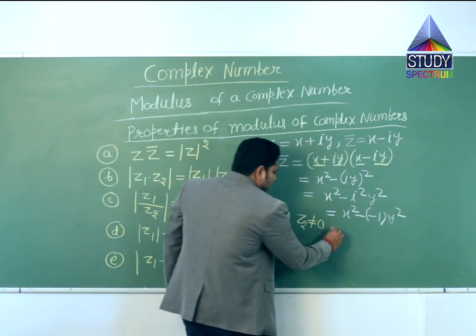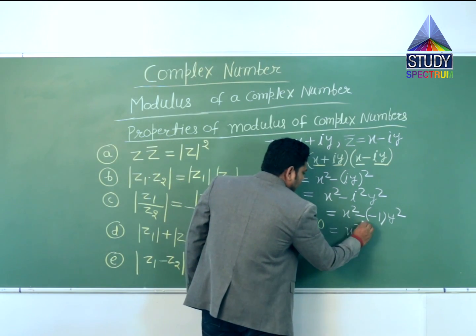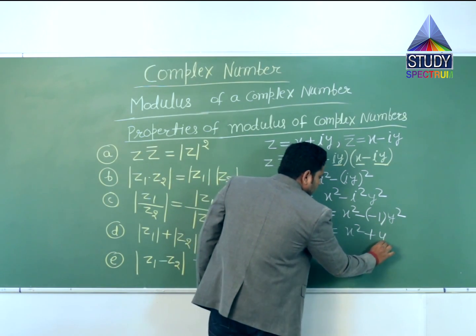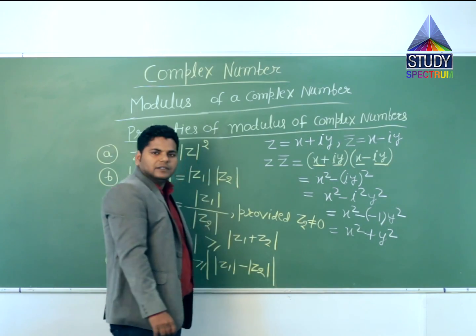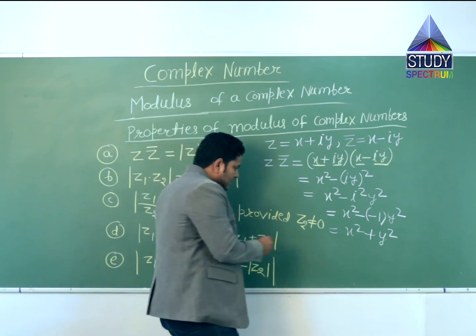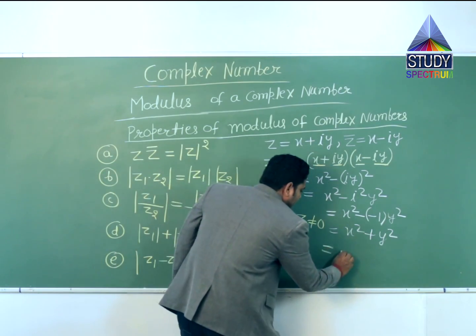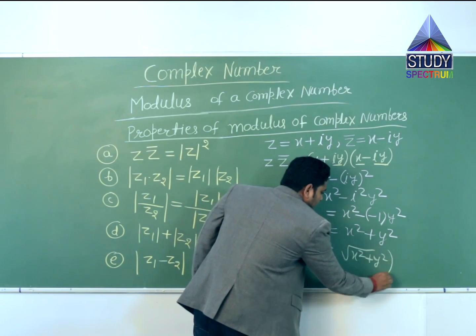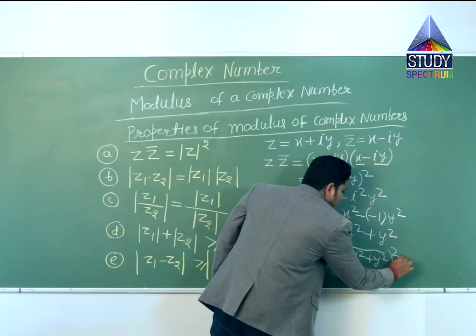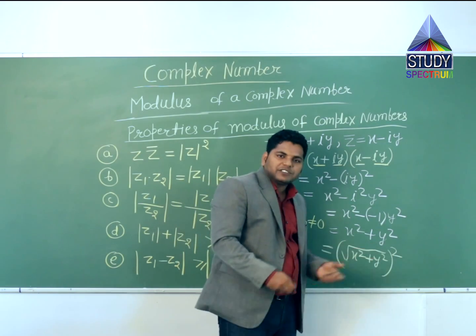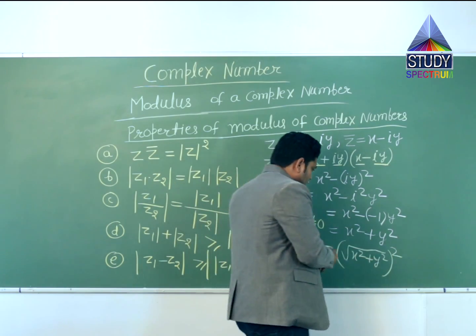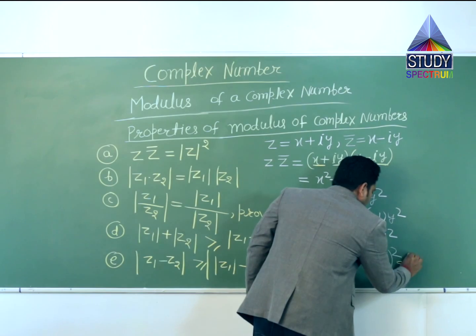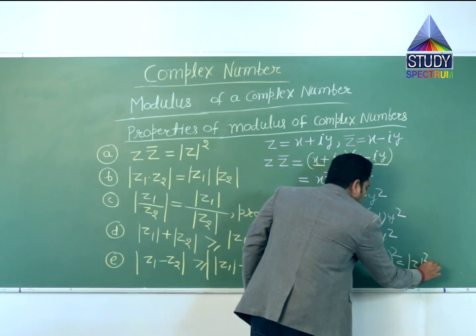So we can write x square minus into minus is plus y square. Okay, and x square plus y square we can write as root under x square plus y square the whole square, and root under x square plus y square is mod z, so we can write mod z square.